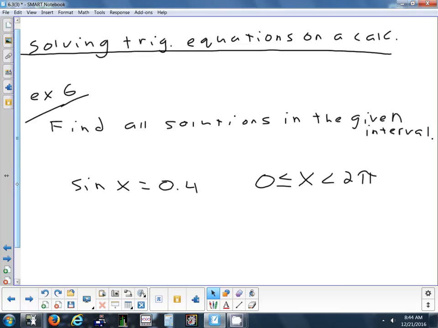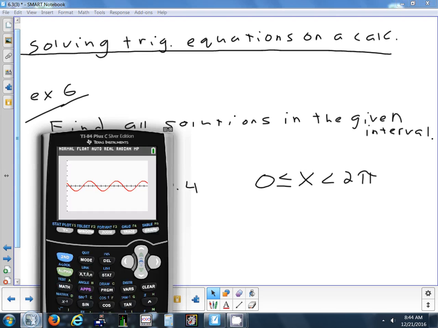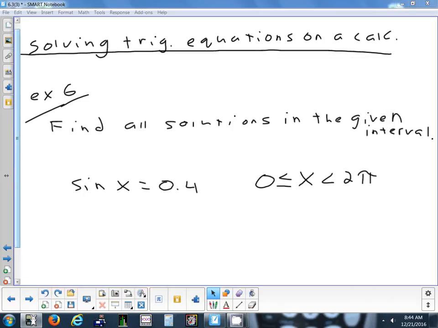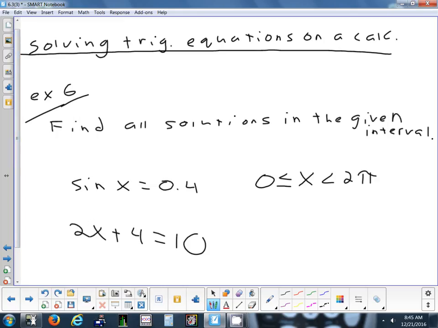So the last thing we're going to look at is solving trig equations on the calculator. Before we look at doing it, any thoughts about solving trig equations? How would these be different than an equation like this? What would be the big difference if you solve this kind of equation on top versus this one on the bottom?